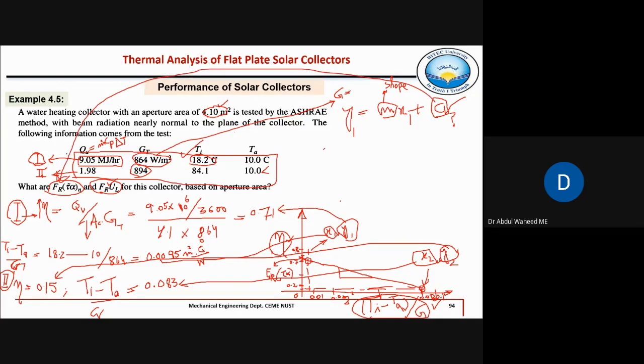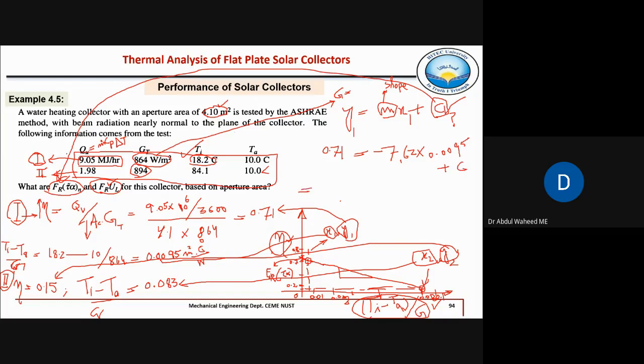So y1 is 0.71, which is equal to m, the slope, which is minus 7.62, multiplied by x1, which is 0.0095, plus c.